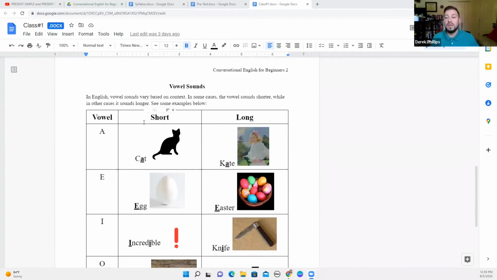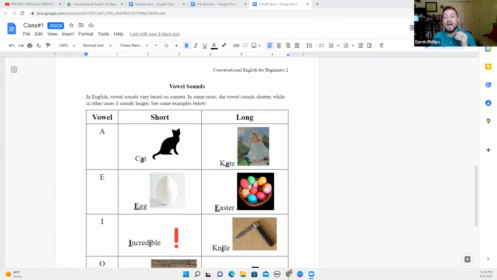Now, in the context of a word, like I said, we have a short vowel sound and a long vowel sound. For example, this is a cat. Cat. But in a word like the name of this young lady, we see it sounds different. Kate. Kate.